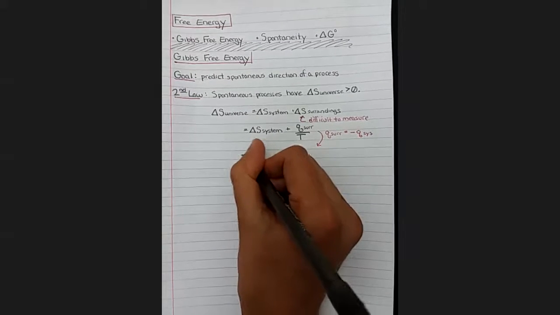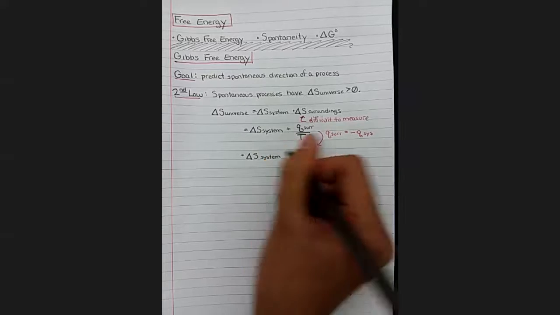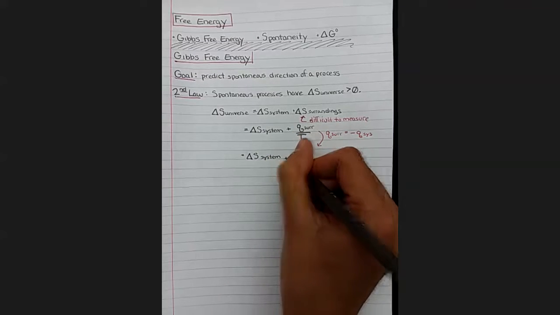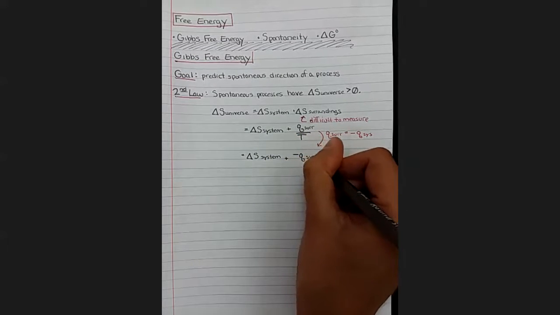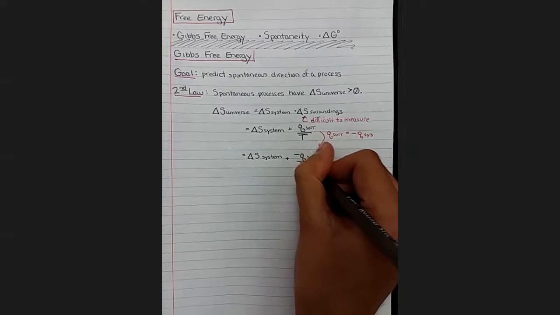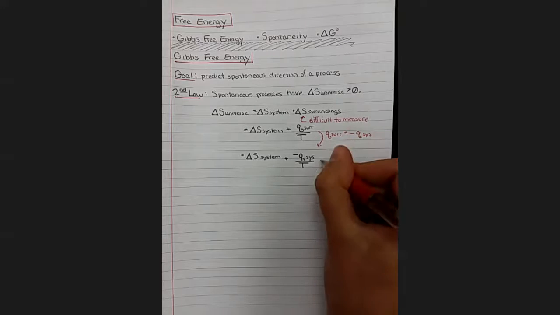So let's substitute that. So delta S of the system plus negative Q of the system over temperature. Okay, so now we've got all of our variables in terms of system, but we can even do one better.